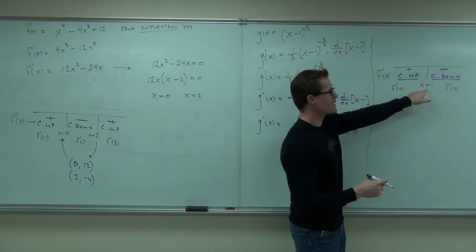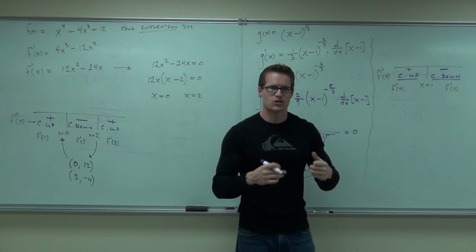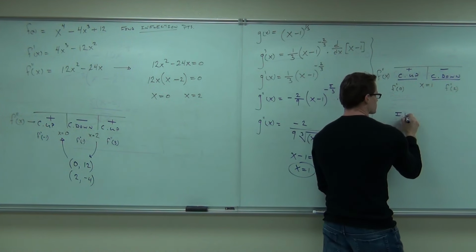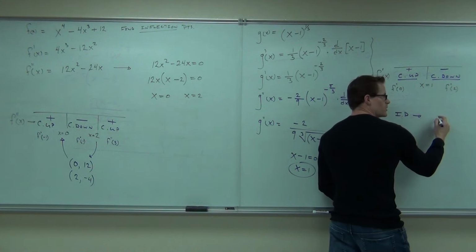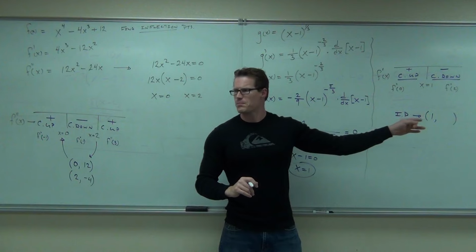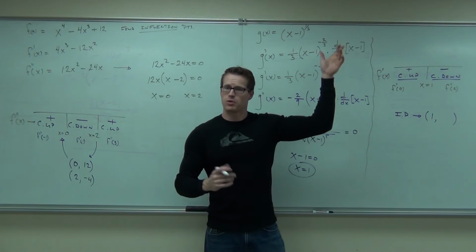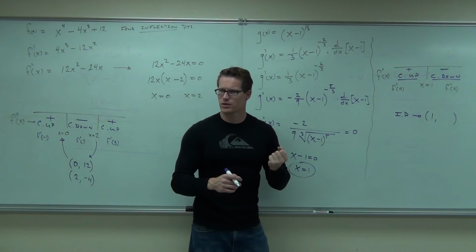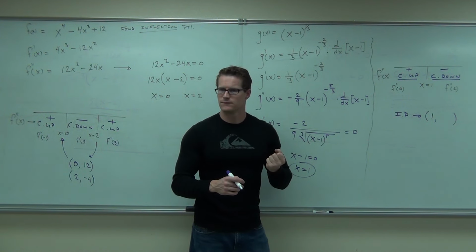Now find the point. All you got to do is plug that number in to find the actual inflection point. So I want an inflection point. It'll be 1 comma something. Where do I plug it in? Original one. That gives you points. So plug in 1, you get 1 minus 1, that's 0. Can you take a cube root of 0? Wait. Is that okay?